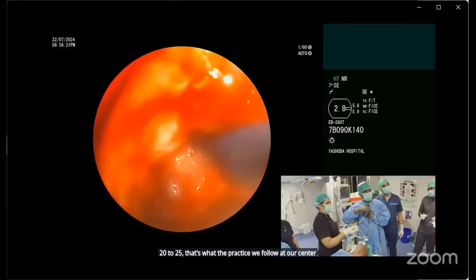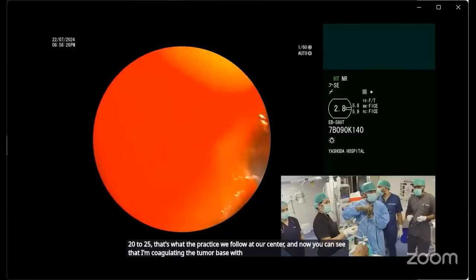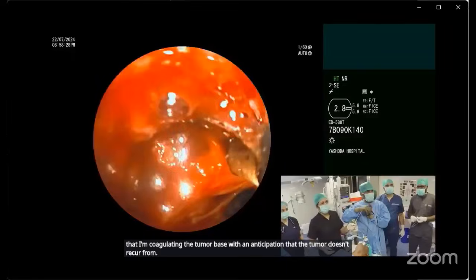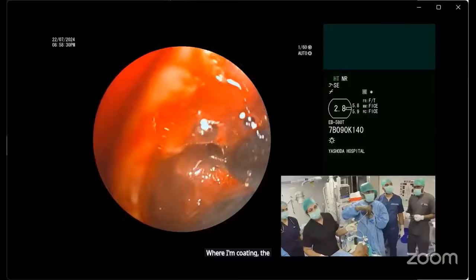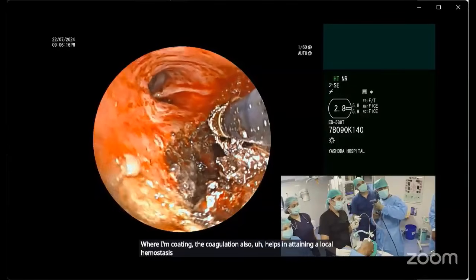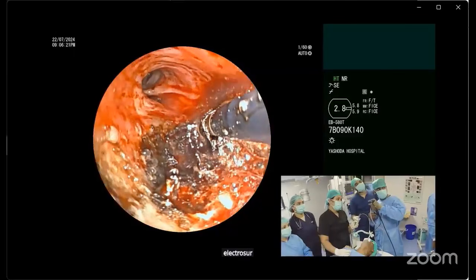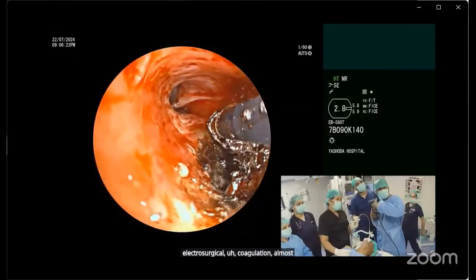And now you can see that I'm coagulating the tumor base with an anticipation that the tumor doesn't recur from where I am coagulating. The coagulation also helps in attaining a local hemostasis. And now you can see that after repeated electrosurgical coagulation, almost the entire tumor base is coagulated.